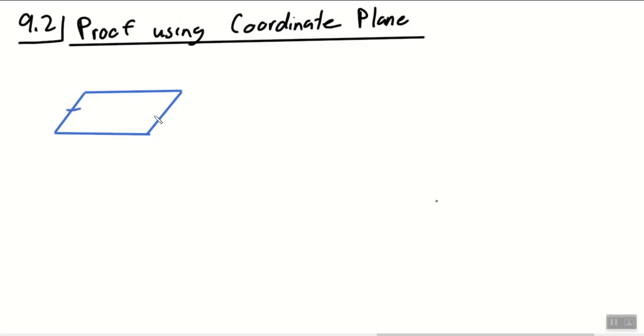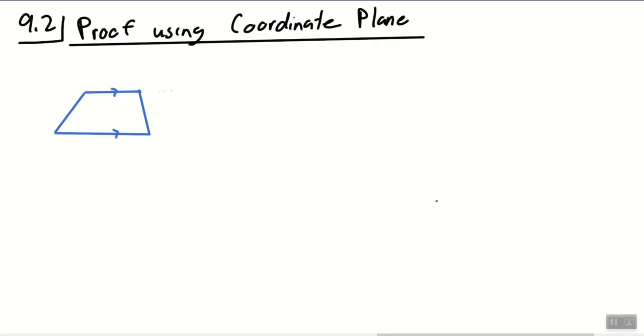Is this a trapezoid? Very true, Elijah. But if we were using our definition, would this be a trapezoid? No. What do I have to change about it? I have to change this side so that this side is parallel to this side. And I'm going to erase this. This is my trapezoid right now.